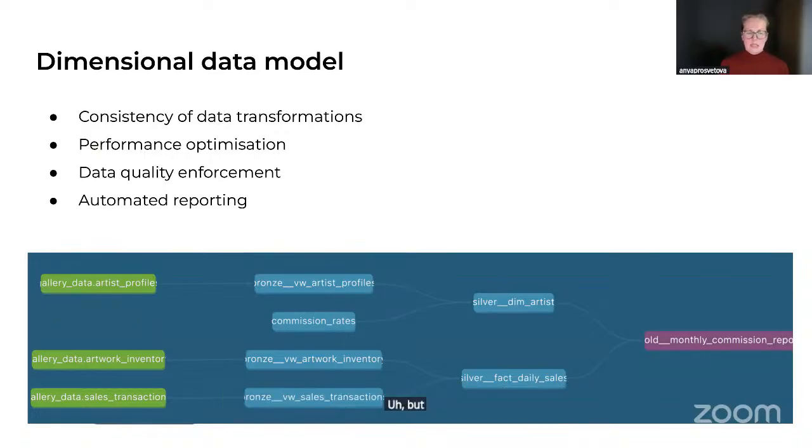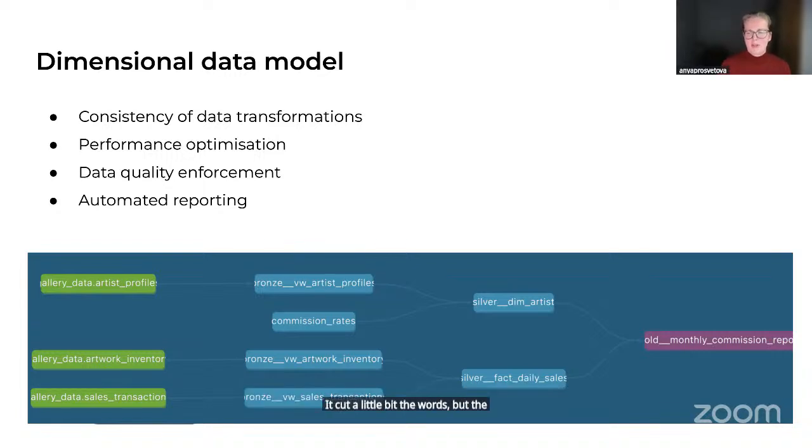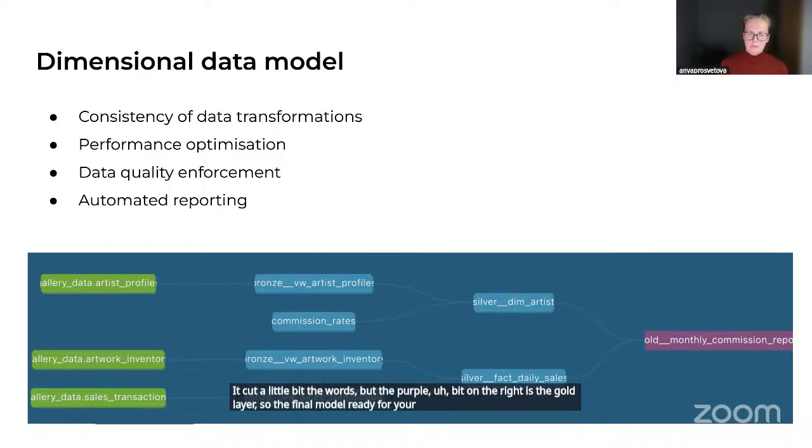But you can see that it actually shows you how your data flows from left to right, from your green raw sources to bronze to silver, and then at the end, it cut a little bit the words, but the purple bit on the right is the gold layer, so the final model ready for your reporting.